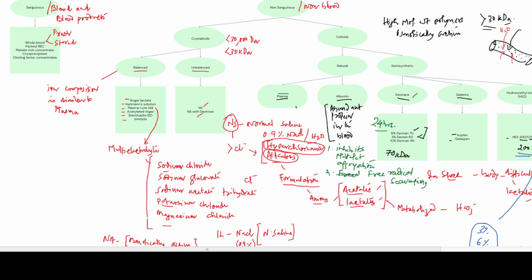There are lots of blood components, right? So the question is, why can't we give blood? Why do we separate the blood into different components? The reason being, the components have a longer shelf life compared to blood.